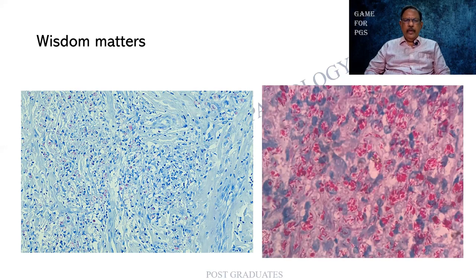And when it was brought to the notice of Professor Veliath, he immediately asked for one acid-fast, rather a Fite-Faraco stain. And when the stain was done, it was teeming with bacilli. And the spindle-shaped cells were supposed to be variants of the foamy macrophages you see in leprosy. It is called as histioid Hansens.